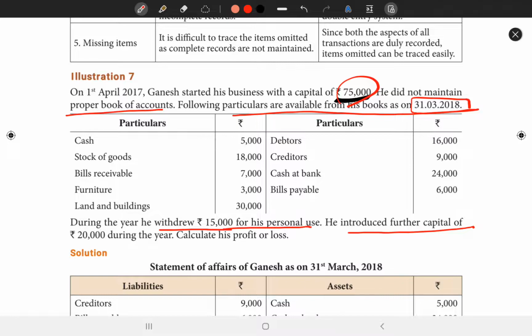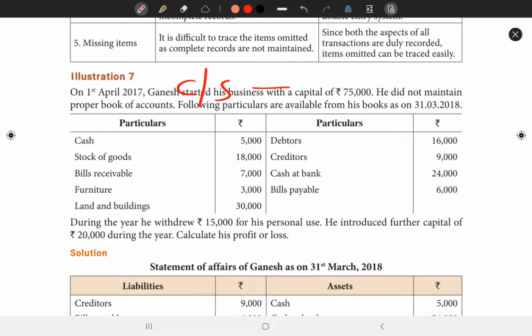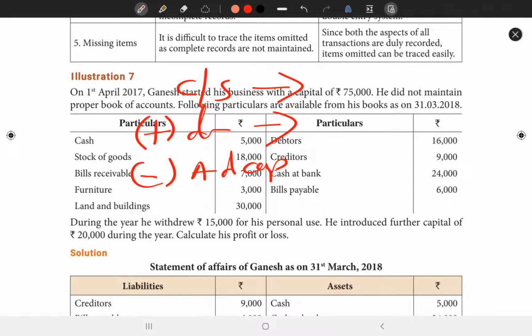What the question asks is to calculate profit or loss. We know how to calculate profit or loss in the statement of affairs method, right? In the previous video I explained it. First we take closing capital, then add back the drawings, then remove any additional capital, and the difference with opening capital will be known as profit or loss, right?